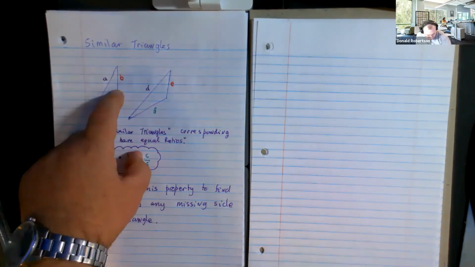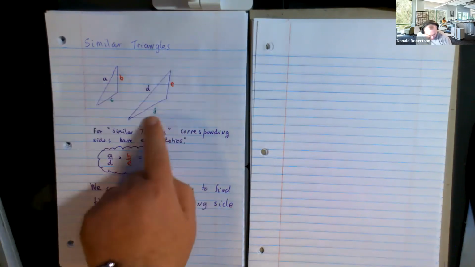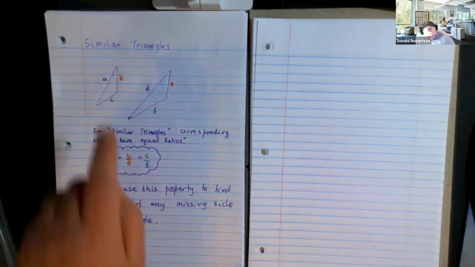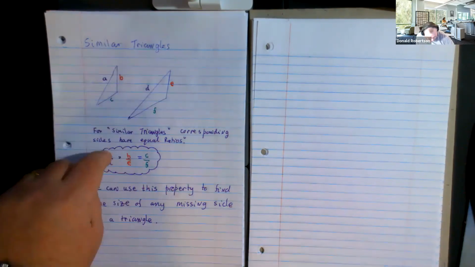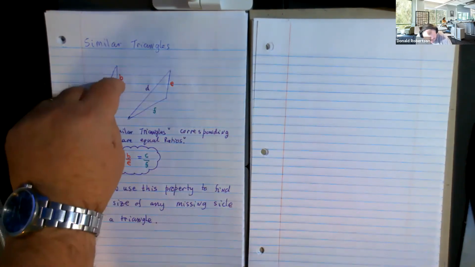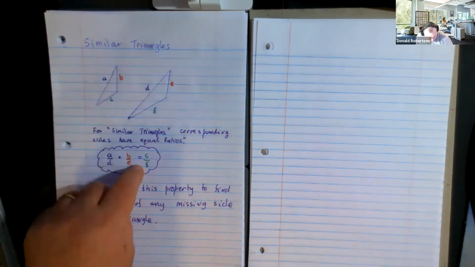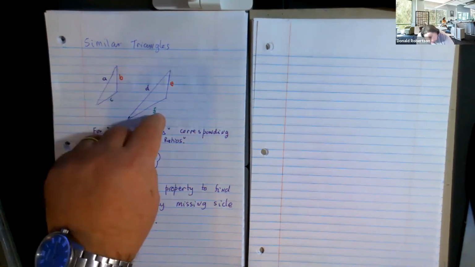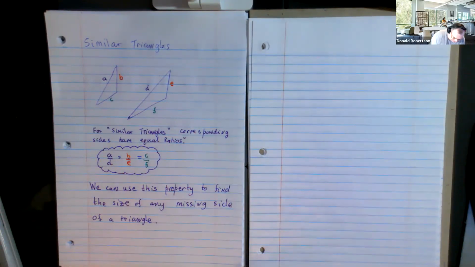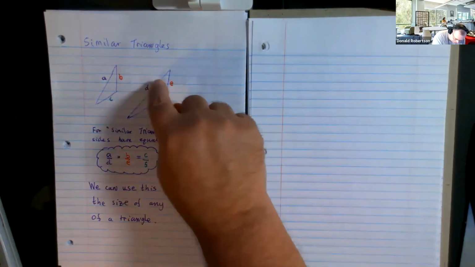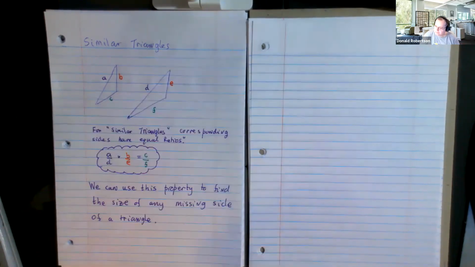And vertical B and E, and this slopey green one, C and F. So according to similar triangles, A matches D, so A divided by D will be the same number as B divided by E, which will be the same number as C divided by F. That means that we can use this to find a missing E or a D or an F, as long as we're given at least one side in the second triangle.